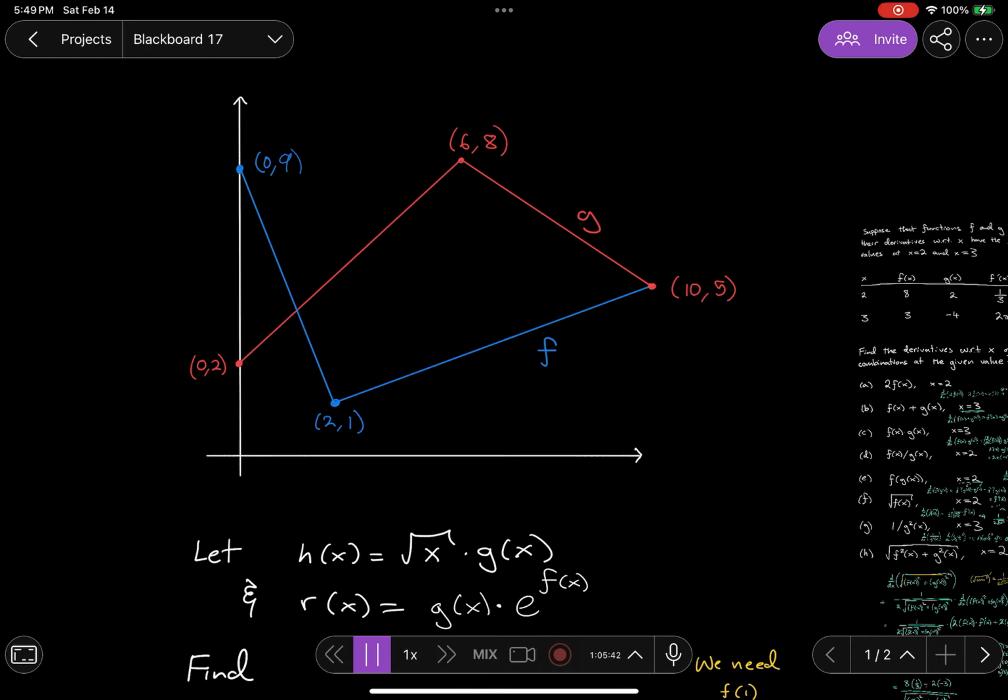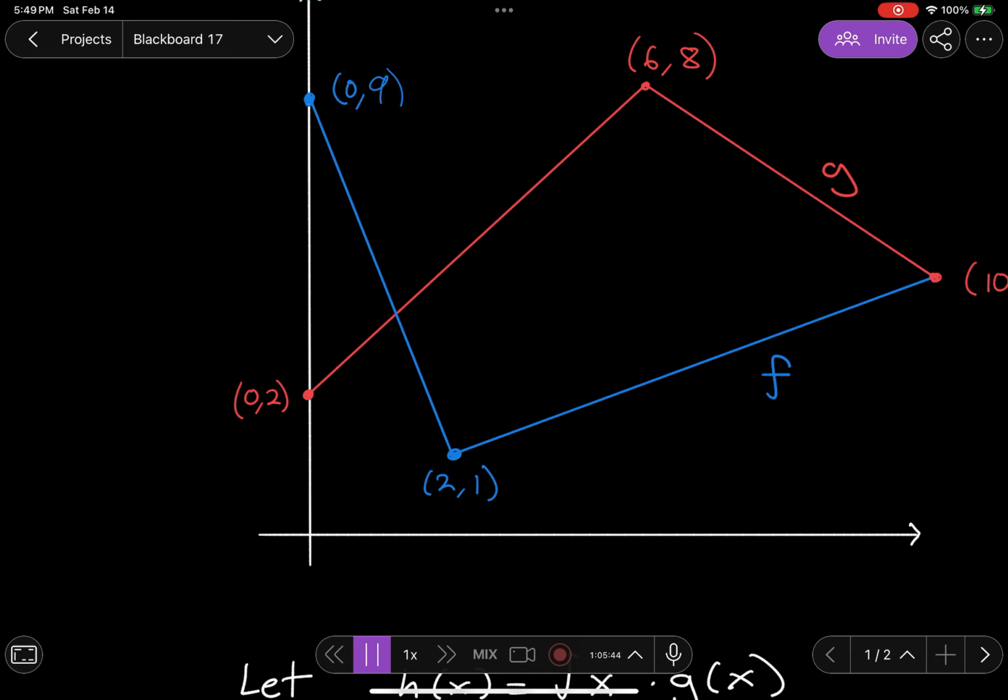So we have f evaluated at 1. We have to think a little bit here. F is a line from 0 to 2. In order to figure out what the output of this function is at 1, so that'd be like this height right here, because this is f of 0, f of 1, f of 2, we need to figure out the slope.